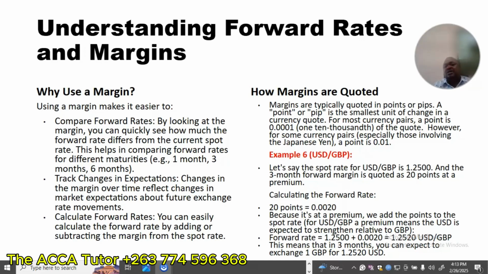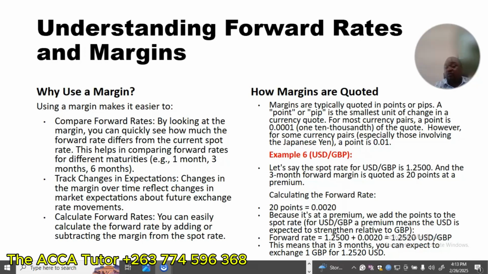All right, let's look at example 6, the USD British pound. Let's say the spot rate for USD GBP is $0.2500, and the 3 months forward margin is quoted as 20 points at a premium.